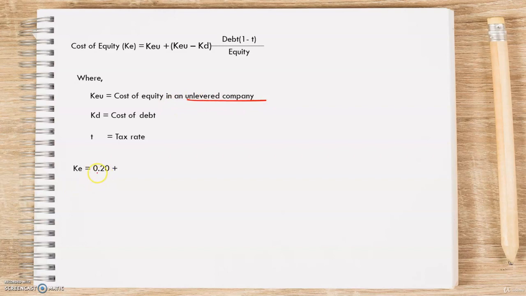So KE is equal to 0.20, plus 0.20 minus KD, the cost of debenture of 15%, 0.15, multiplied with debt, which is $20 million, multiplied by 1 minus 0.3, divided by equity of $100 million, and if you calculate, you get 20.7%. Either way, we are landing on the same solution.